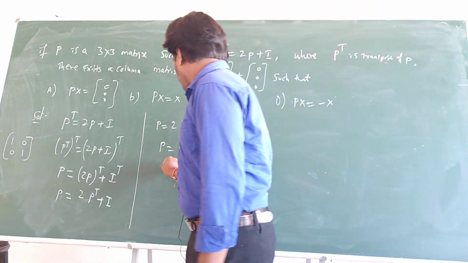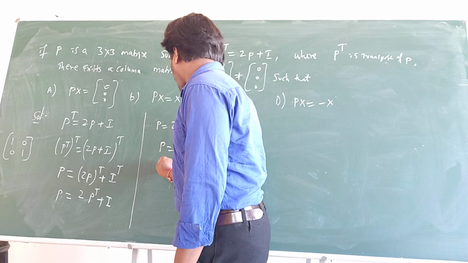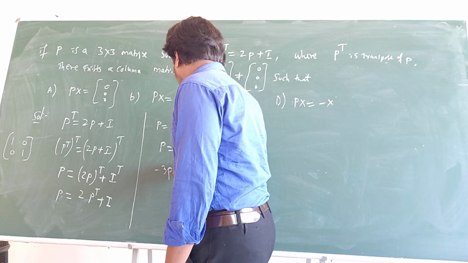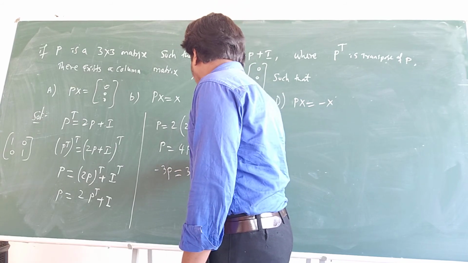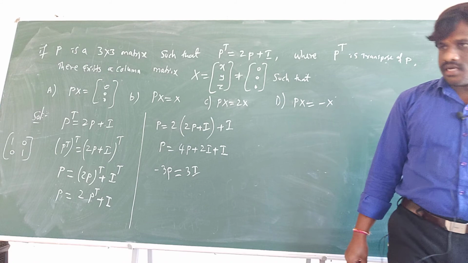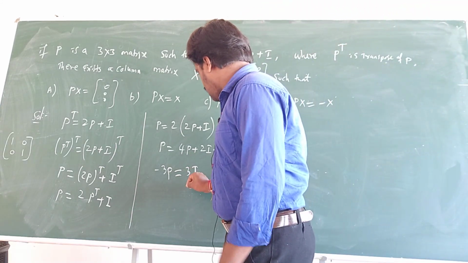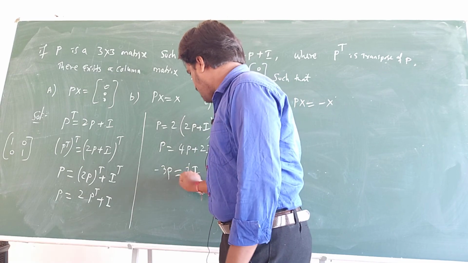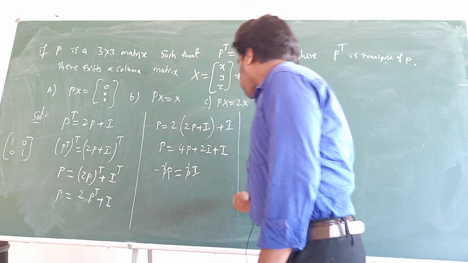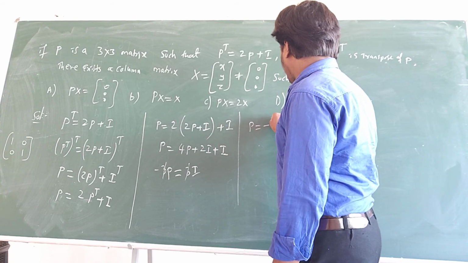So can I write this as minus 3P is equal to 3I? 2I plus I is how much? 3I. You know, no? Then the 3 gets cancelled. P is equal to minus I, I can write.